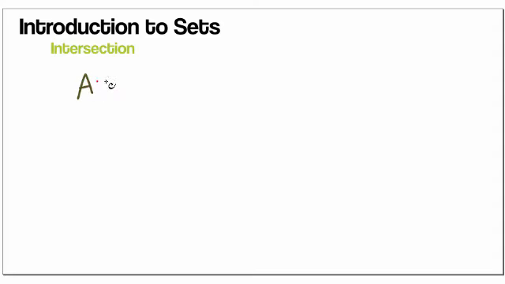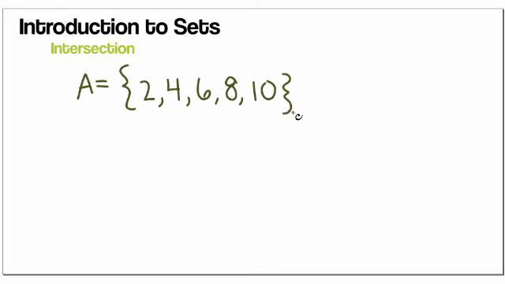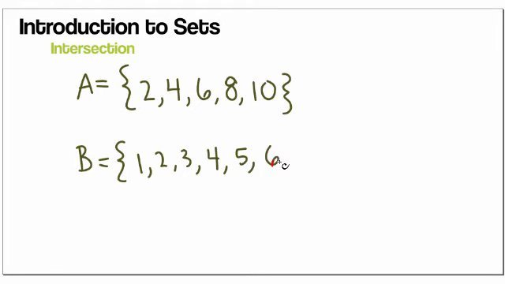Now we'll talk about intersection. Let's take two sets. A equals the set of 2, 4, 6, 8, and 10. B equals the set of 1, 2, 3, 4, 5, 6, 7, 8, 9, 10, and 11.